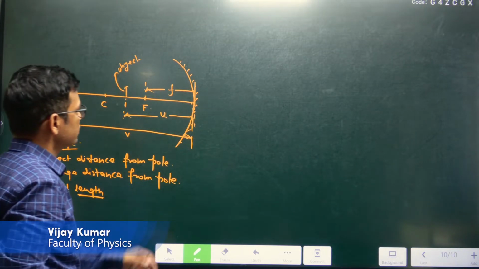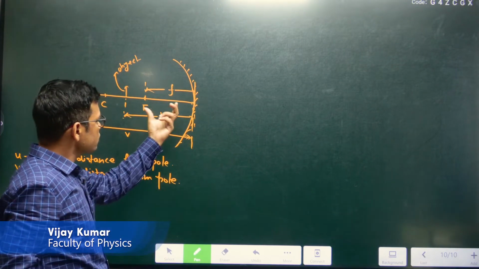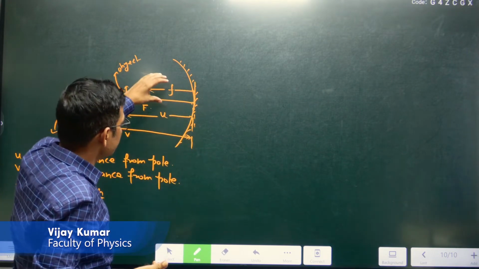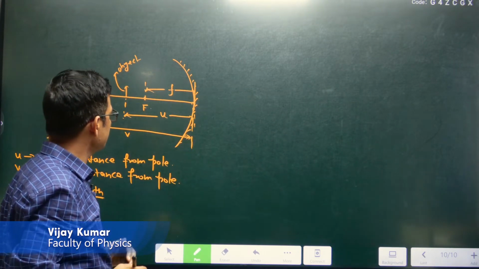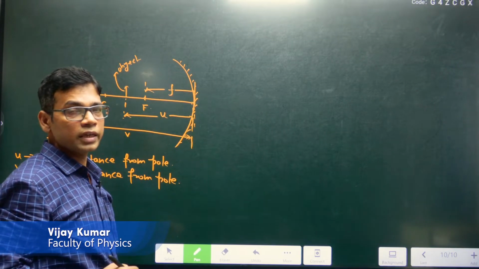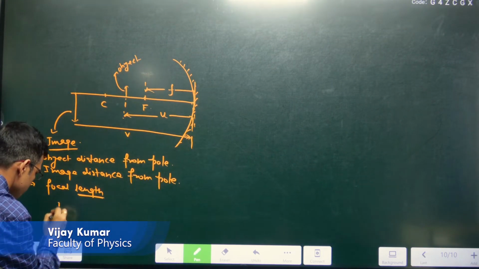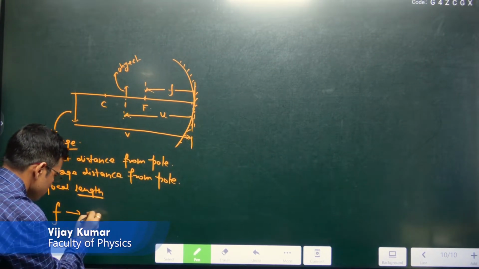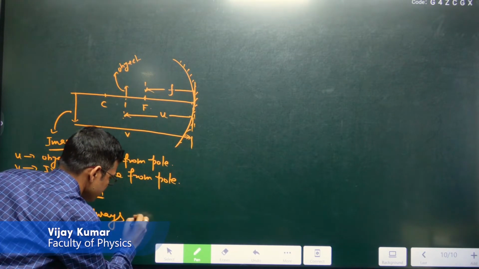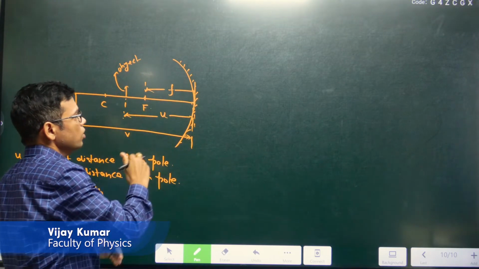In the case of the concave mirror, this focal length is to the left of the pole, so the focal length will be negative. Sorry, f will always be negative, because this focus lies to the left of the pole.